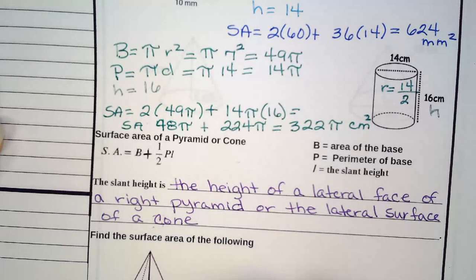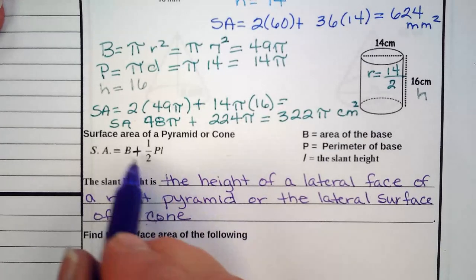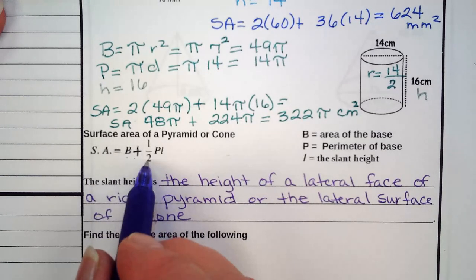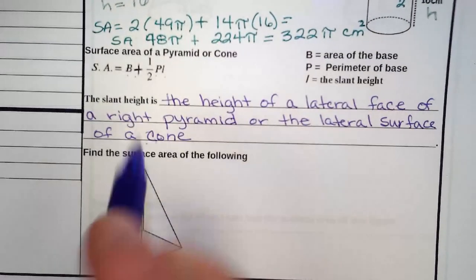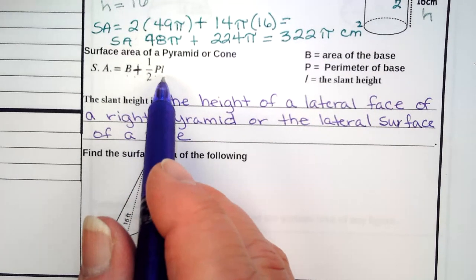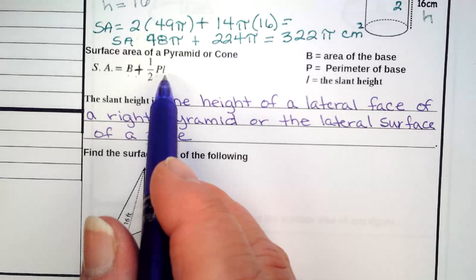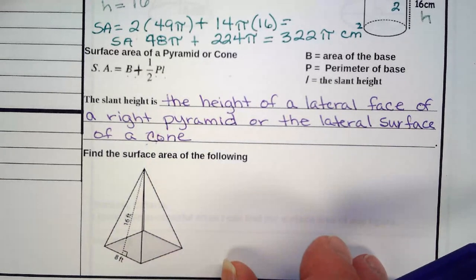And then your surface area is your base area plus 1/2 of your perimeter times that slant height. You use a lowercase cursive L for the slant height.